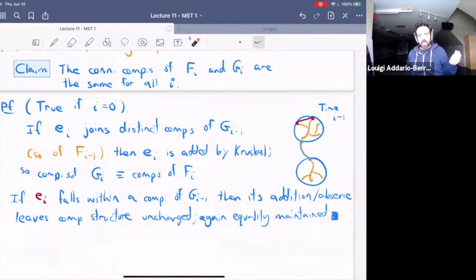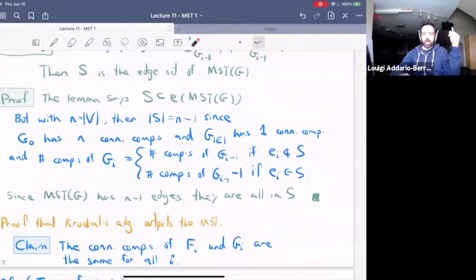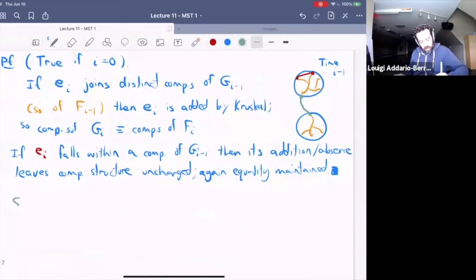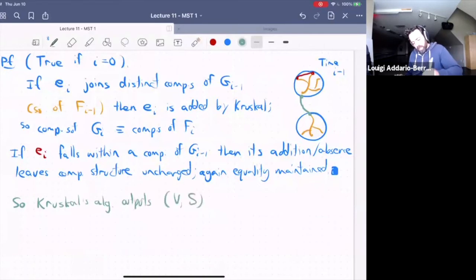Kruskal's algorithm always adds an edge if it joins distinct components of F_{i-1}, but that's the same as saying we add an edge if it joins distinct components of G_{i-1}. And we already said that the edges of the minimum spanning tree are those that join distinct components of G_{i-1}. Okay, so that means Kruskal just outputs the edge set S. So Kruskal's algorithm outputs V with the edge set S, which is the MST.